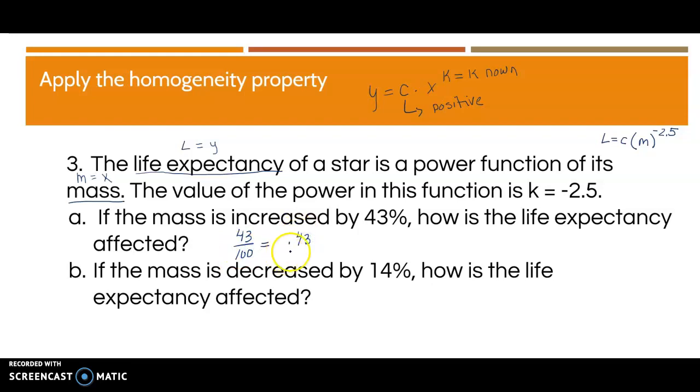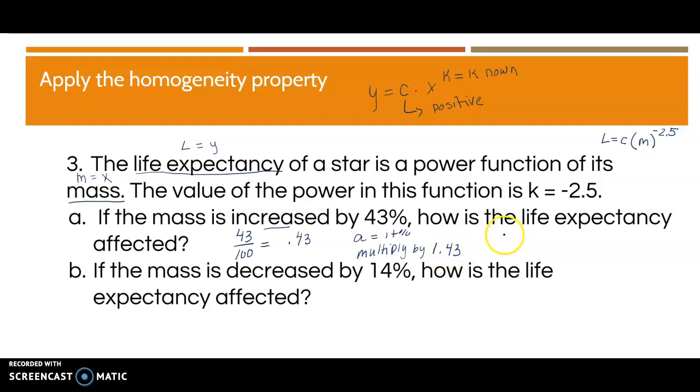And then we need to change this to a factor. If we want to increase something by 43%, the factor A would be 1 plus the percent, and that would be for increase because of the plus. So what we're going to multiply by is 1.43. This 1 would keep the original amount. This 43 here would give us a 43% increase.